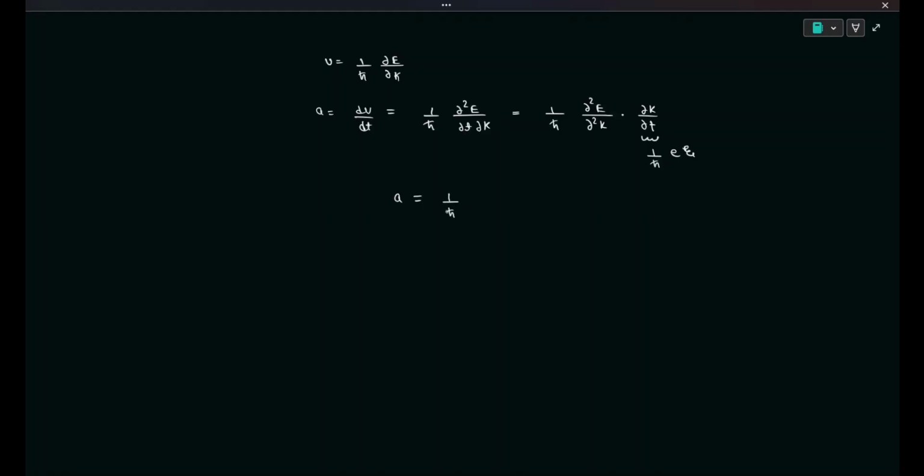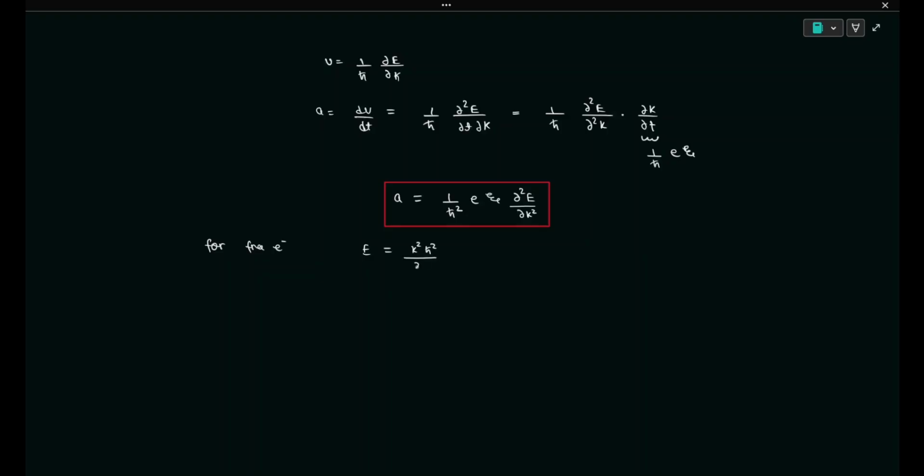1 divided by ħ² times the electric field eE times ∂²E by ∂k². Now for a free electron, the energy was related to the wave vector as k²ħ² divided by 2m.